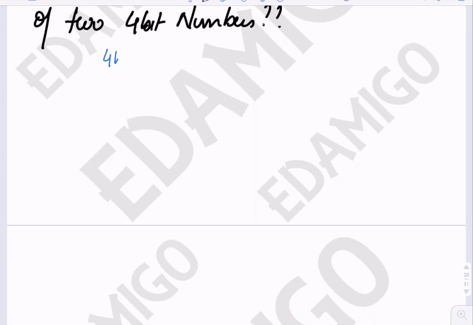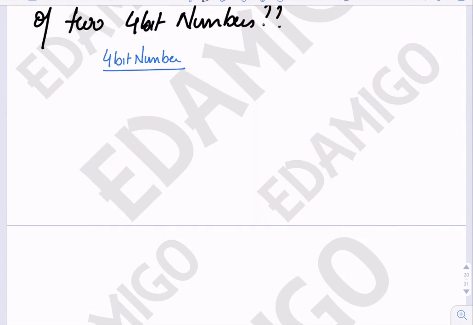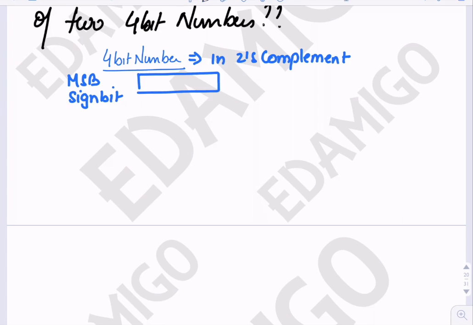For example, if we have 4-bit numbers, the MSB of any number written in 2's complement is the sign bit, and the rest of the bits decide the magnitude.